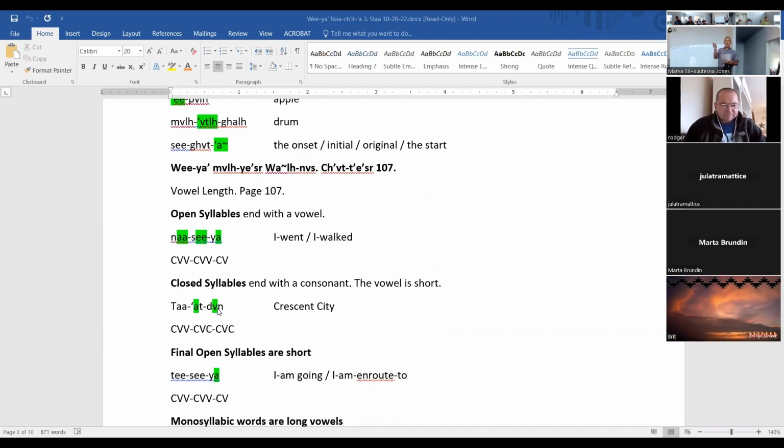Because it's the last syllable in the word and it ends in a vowel, it's not long. We don't say it long, we say it short. So just know that any final open syllable with a vowel is short for your writing purposes.